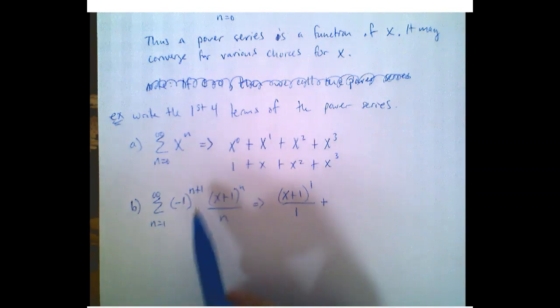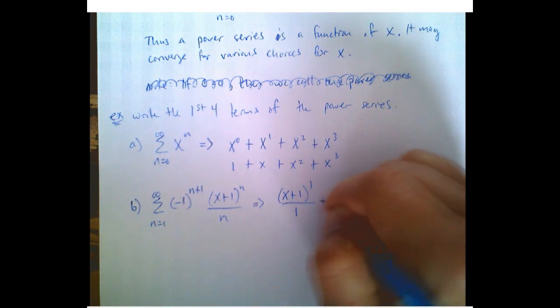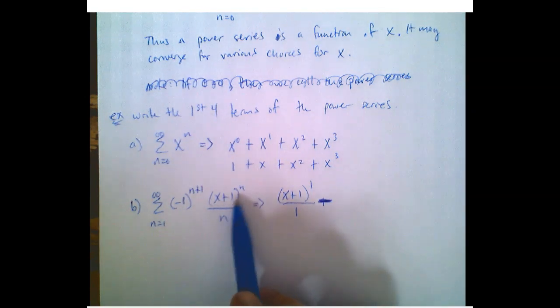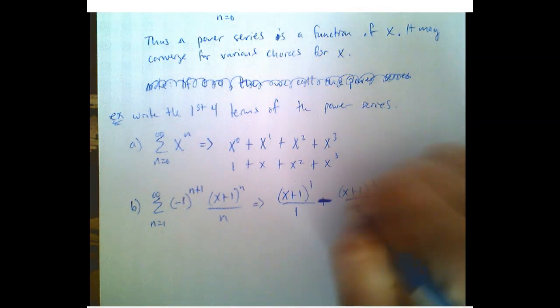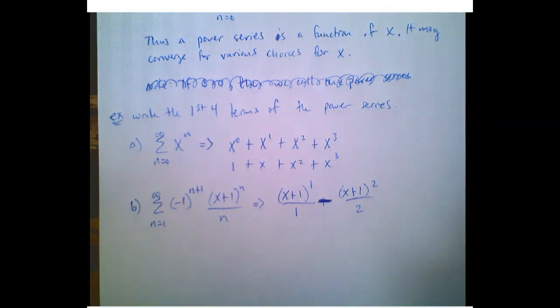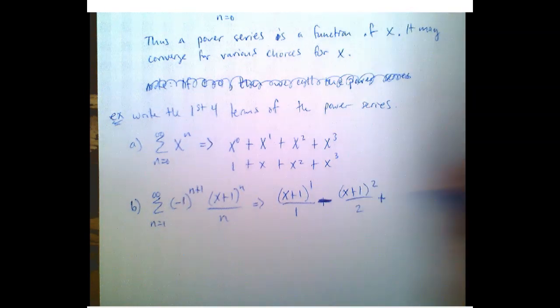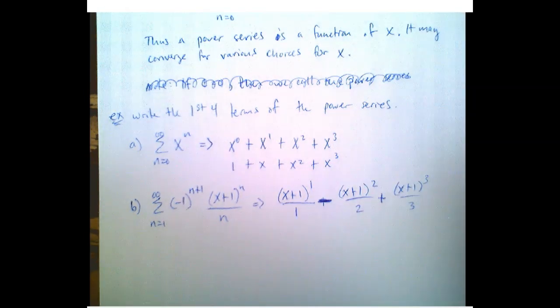Plus the second term would be n is 2, so n plus 1 is 3, so that would be actually a negative 1, so we can put a negative there, minus, n is 2 still, so x plus 1 squared over 2. Next term is when n is 3, so we would get a 4 here, that would be a positive 1. x plus 1 to the third over 3.